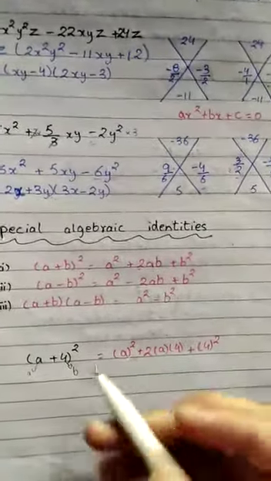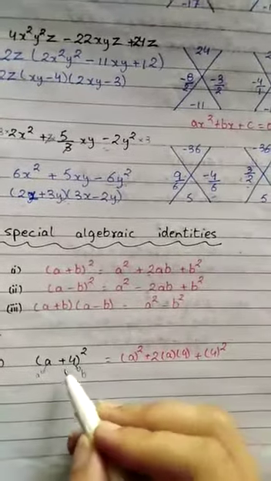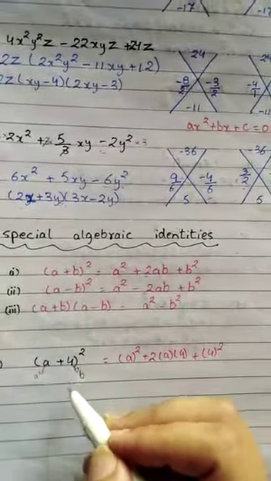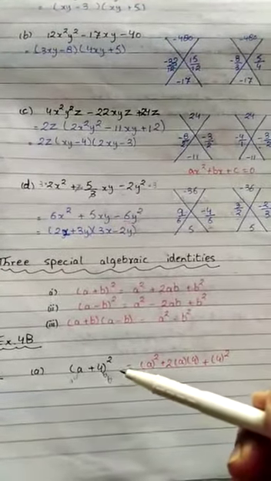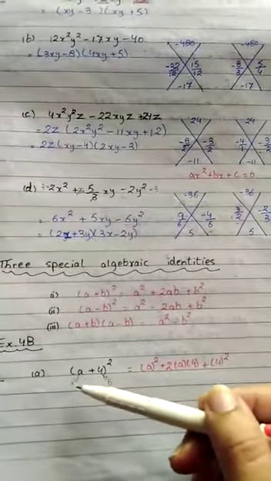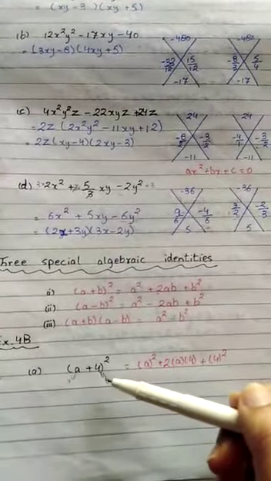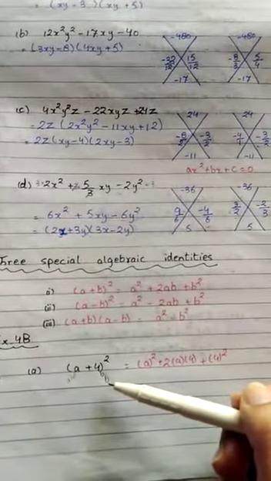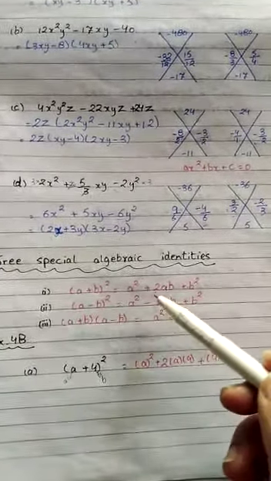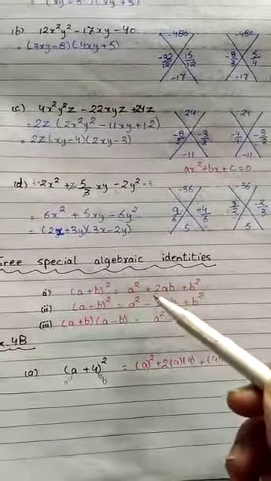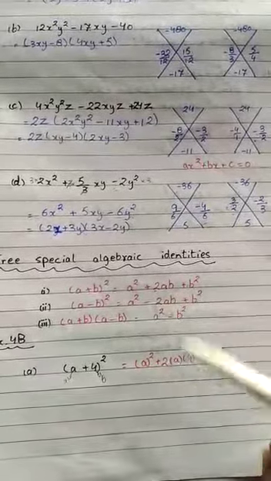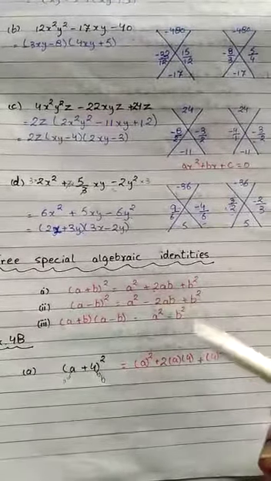Again, the given expression is a plus 4 whole square. The first term denominates the value of a and the second term denominates the value of b. So according to the first identity, first you will take the value of a square, plus 2, it's in the identity, the value of a multiplied with the value of b.